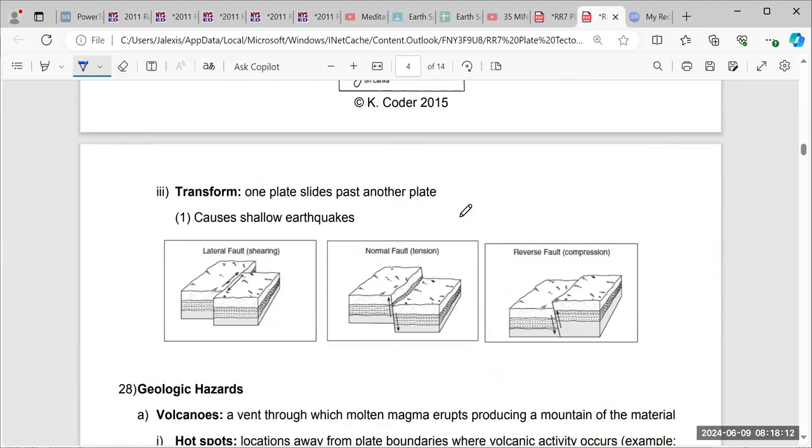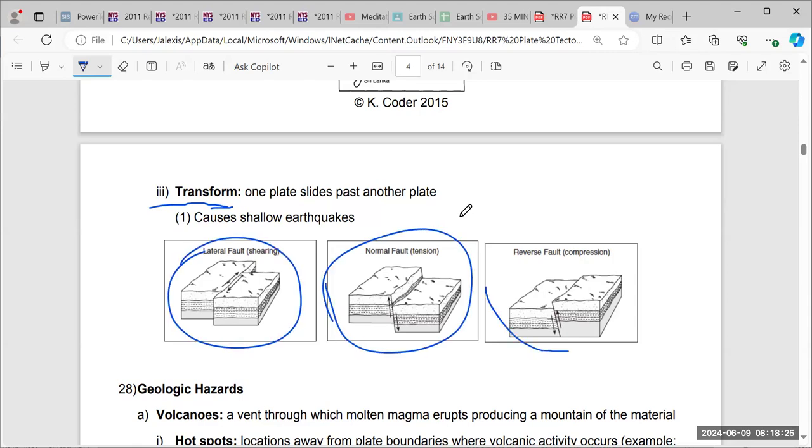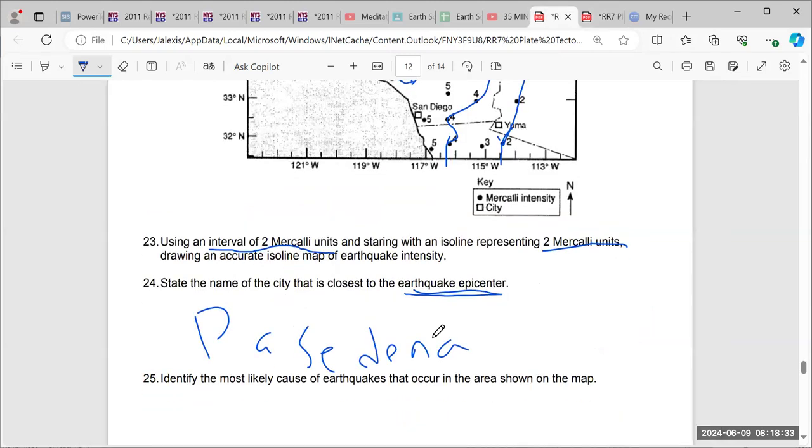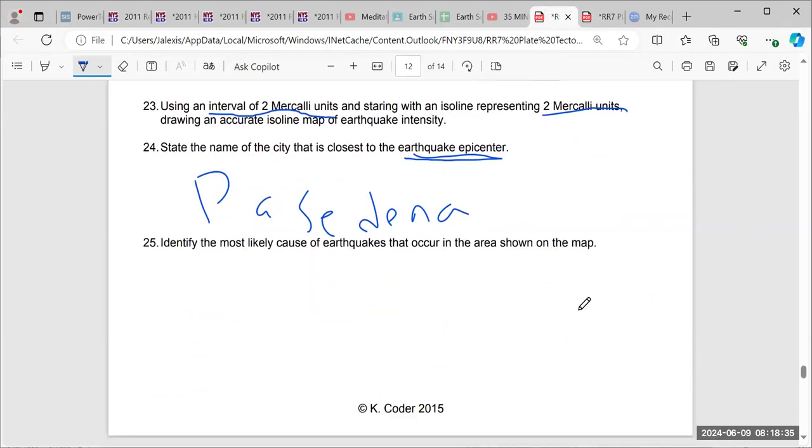It says right here, in a transform plate boundary, one plate slides past another, and all we see here are faults. Because of that, they cause shallow earthquakes. So your correct answer, the most likely cause of earthquakes that occur in the area shown on the map, is faulting.